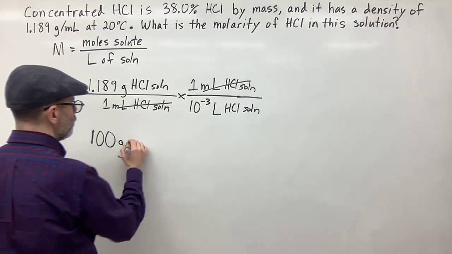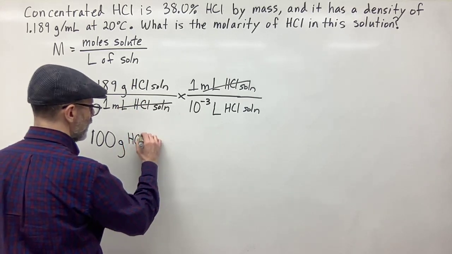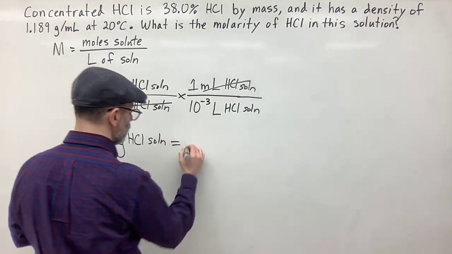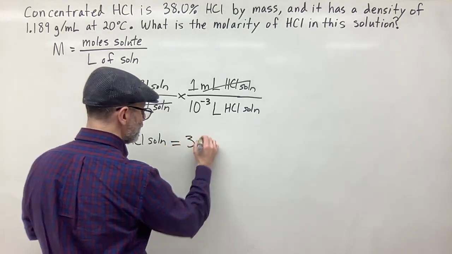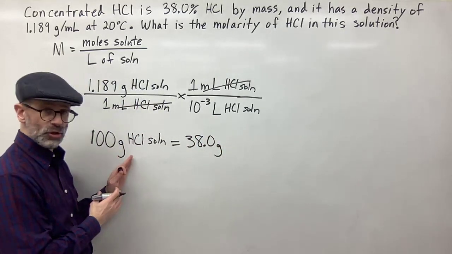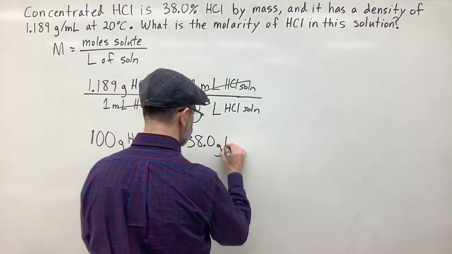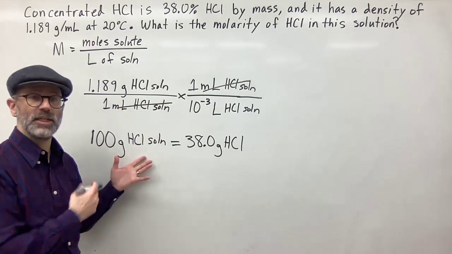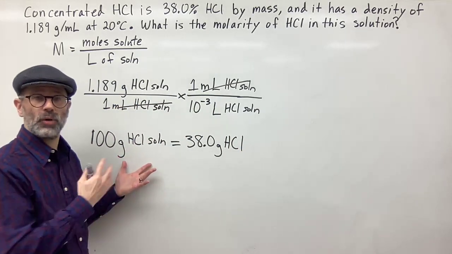Out of 100 grams of the HCl solution, 38.0 grams of the solution is actual HCl. The rest of it is probably just water or whatever else is in there.